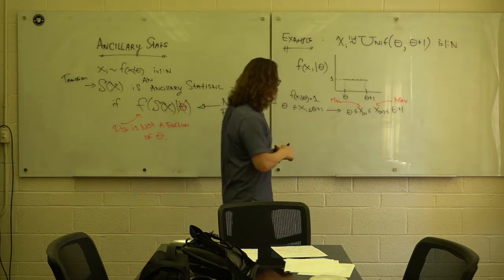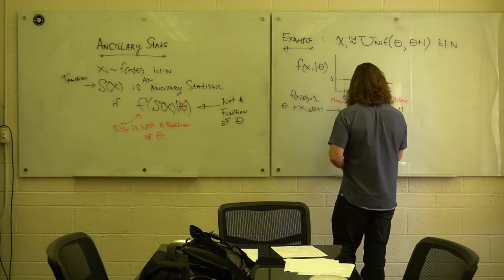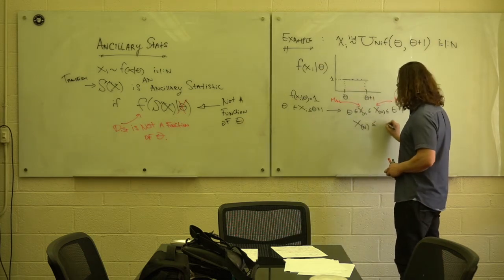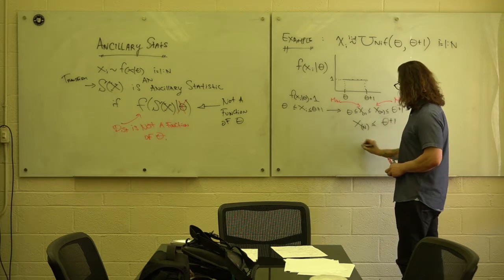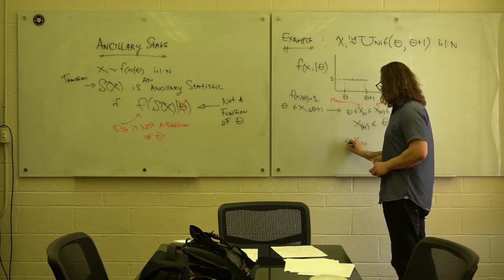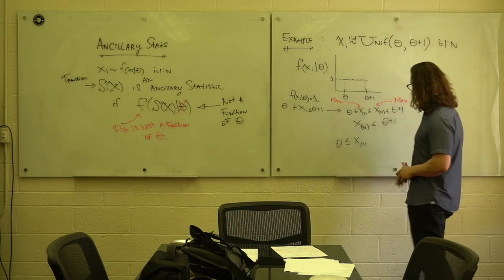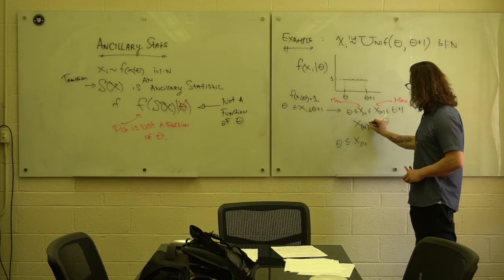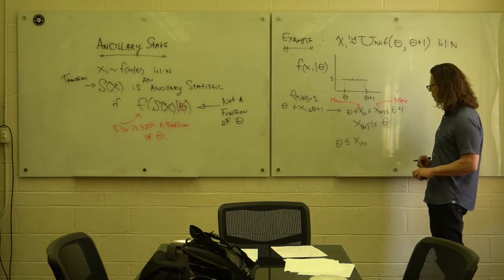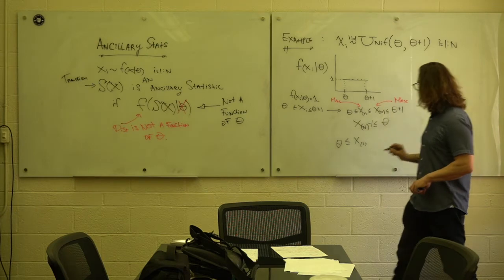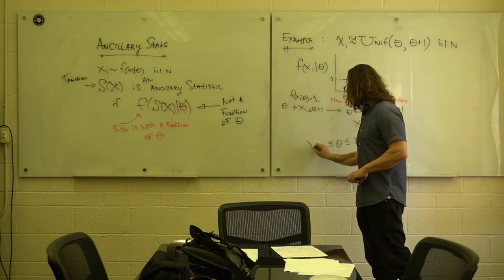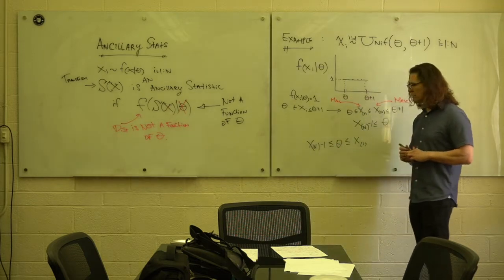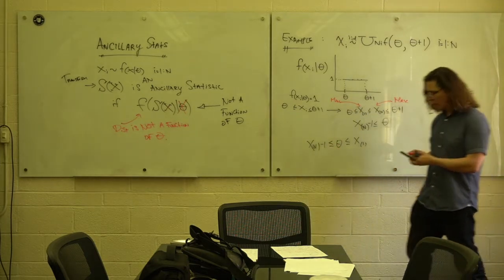So I can rewrite this a little bit, and I can write down that xn is less than or equal to theta plus 1, and x1 is greater than theta. And I can rewrite that a little bit differently. So I can say minus 1 right there, xn minus 1. So theta is bounded by these, xn minus 1 and x1.